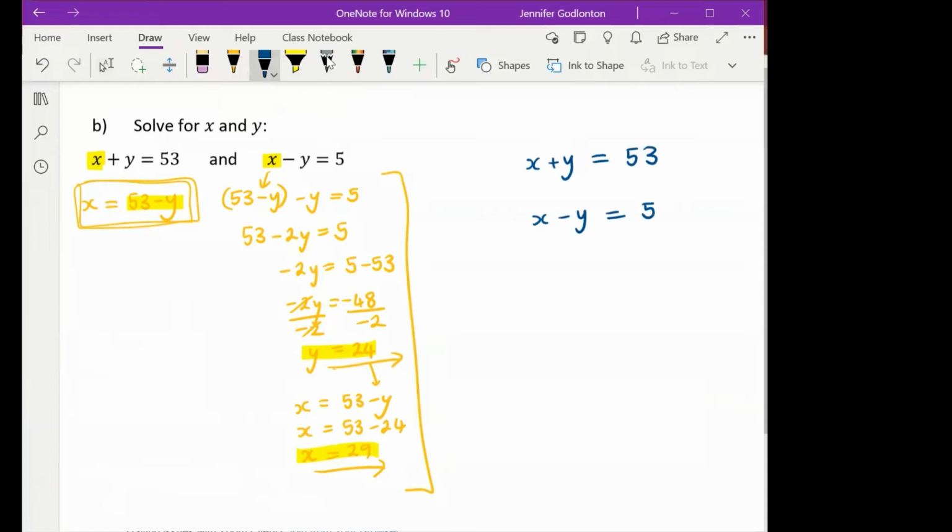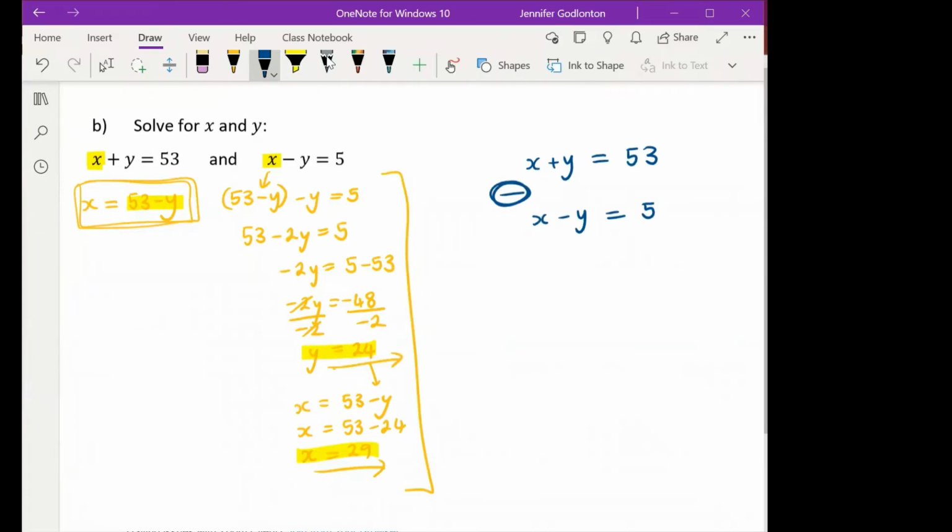Okay, now I can choose to plus or minus the equations from each other. It just depends on what I do, and then it'll depend on which variable is going to cancel out. So if I'm going to minus, so I'm minusing this bottom equation from the top one, we're going to go through that step by step.